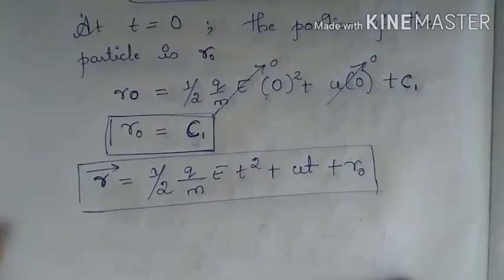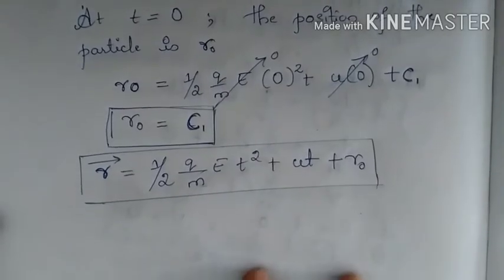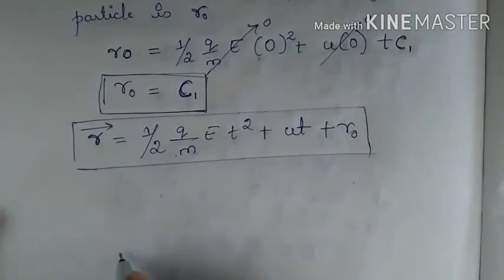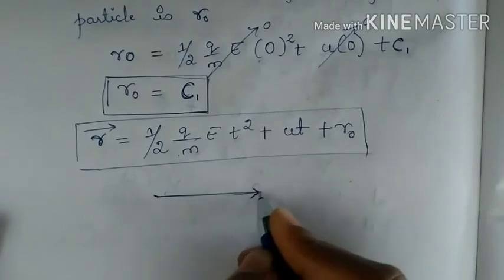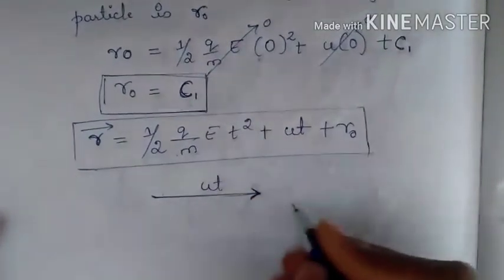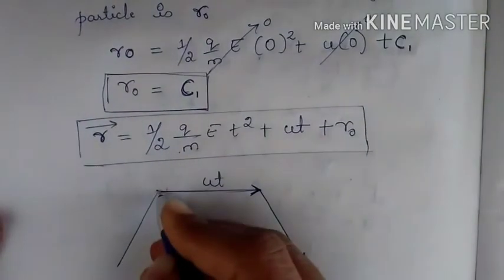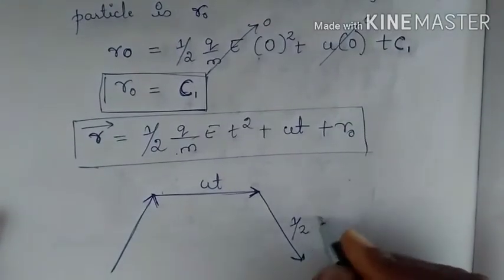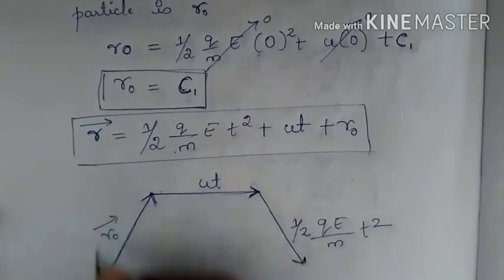Now I have a charged particle which is at rest on the origin of the coordinates. But before that, let us represent this equation in a vector diagram. Here is ut, and this direction is for half QE by m t square, and this is the initial direction.